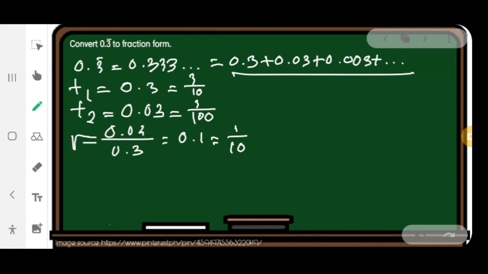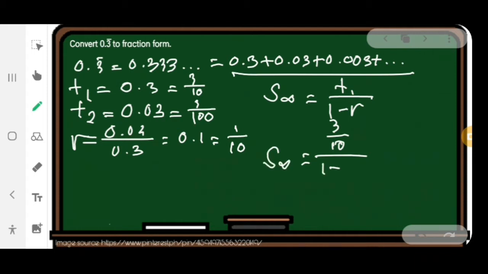So to convert the decimal to fraction form, let us use the formula for the infinite geometric series, and that is S sub infinity is equal to t sub 1 over 1 minus r. So S sub infinity, substitute the given values. So t sub 1 is 3 over 10, over 1 minus 1 over 10.